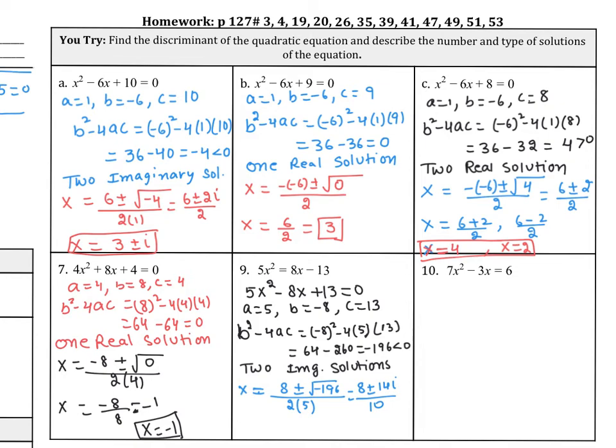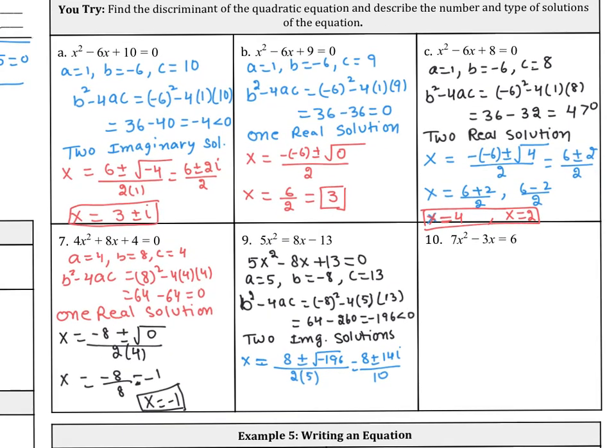Now in order to solve this completely, we are going to divide the 8 by 10. So 8 divided by 10 is going to be 4, and 14 divided by 10 is going to be 7. So we're going to reduce it to 4 plus or minus 7i divided by 2.